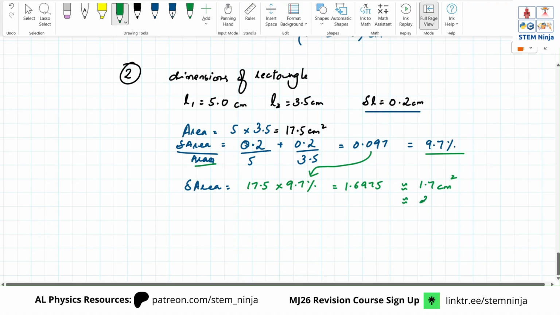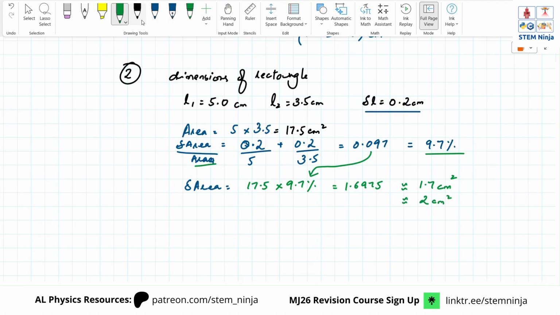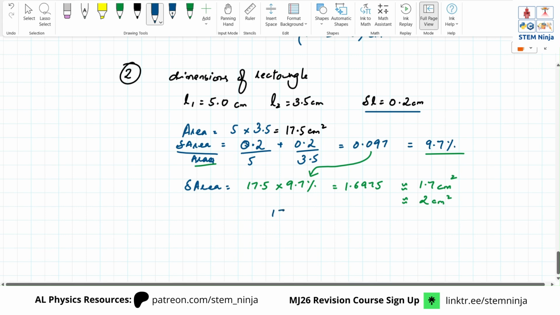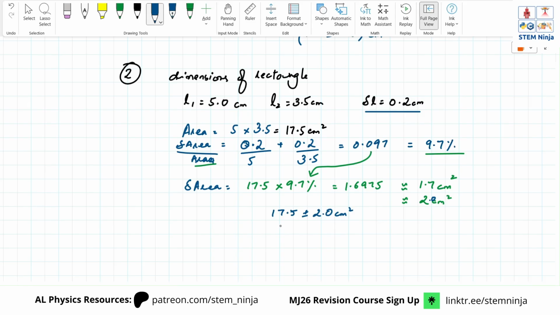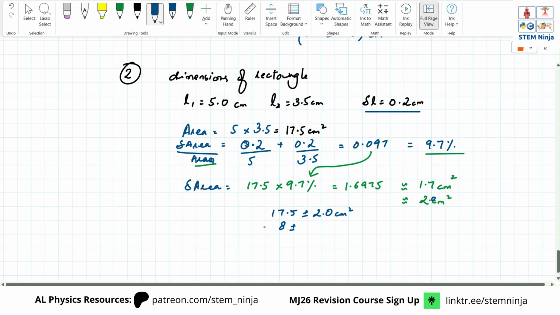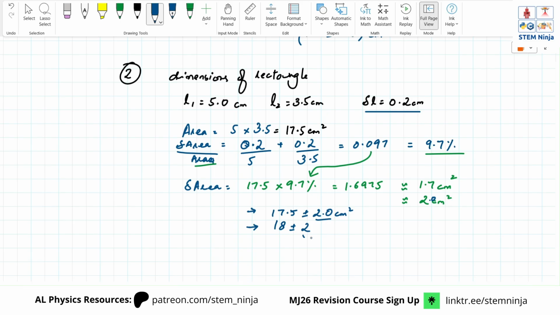Or for one significant figure, 2 centimeters squared would be fine also. So final value could be reported as 17.5 plus minus 2.0 centimeters squared. You could, however, make it 18 plus minus 2 also, but both of these would be fine, because if you're in AS, we have to use one significant figure for the uncertainty, so that would be fine this way also. That wouldn't be necessarily breaking any rules.